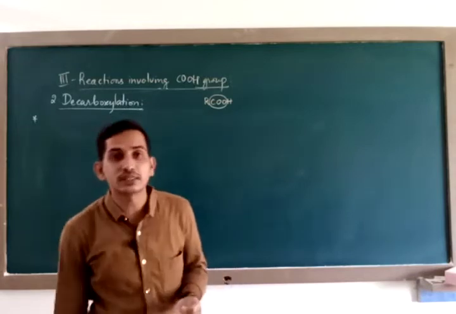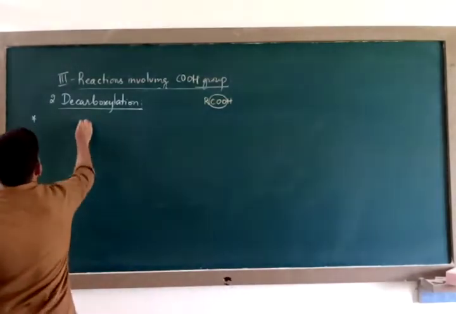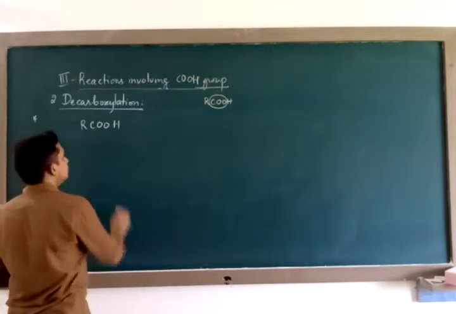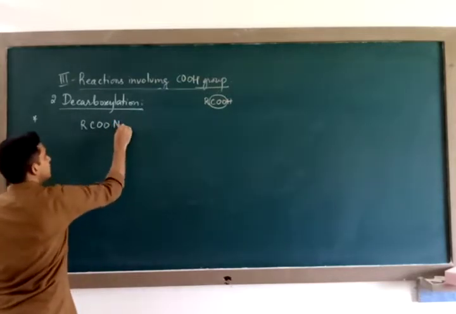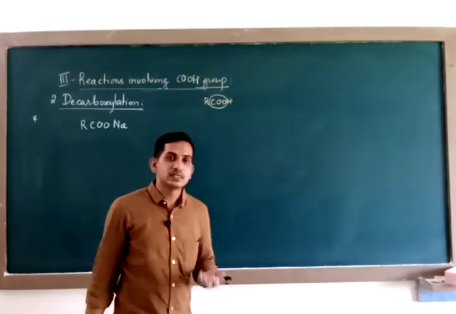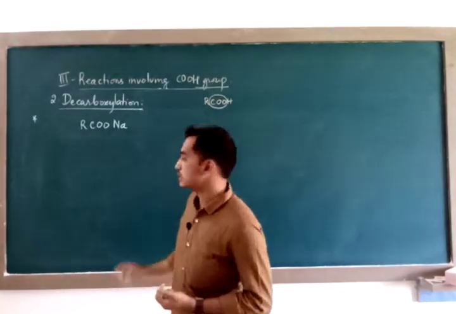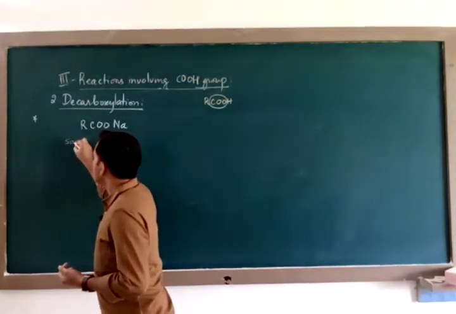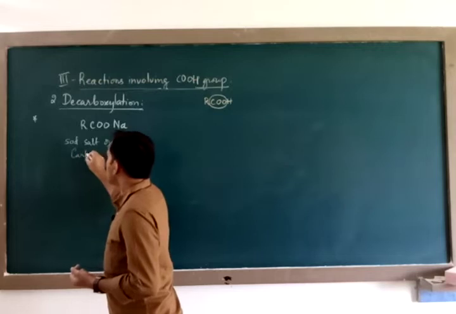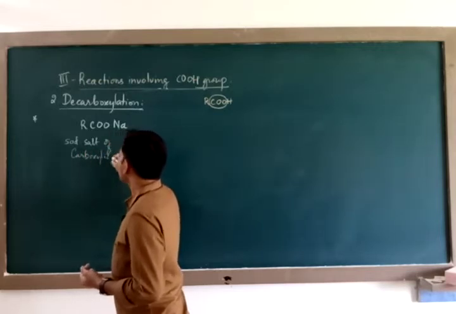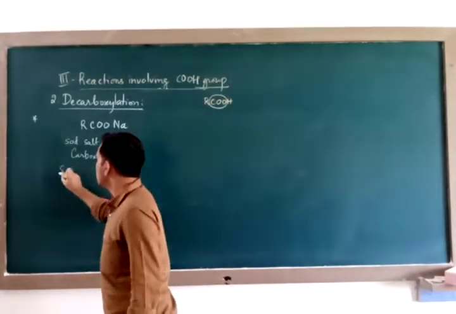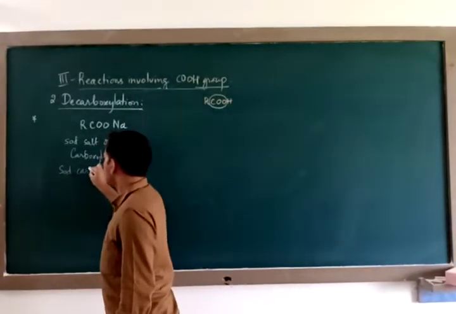For this to happen, you do not have to use carboxylic acid as the main reactant. Use its sodium salt. In place of RCOOH, you replace this hydrogen by sodium atom, then it becomes sodium salt of carboxylic acid. It is simply called sodium carboxylate.